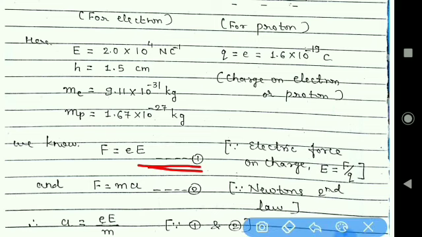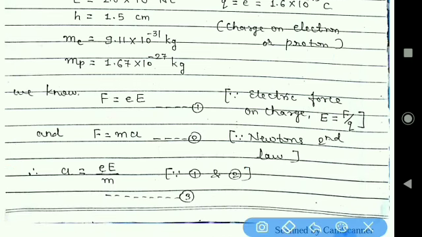Also, due to this force the charge will move, and we know that when there is an acceleration on a particle, we can use Newton's second law, F is equal to ma.